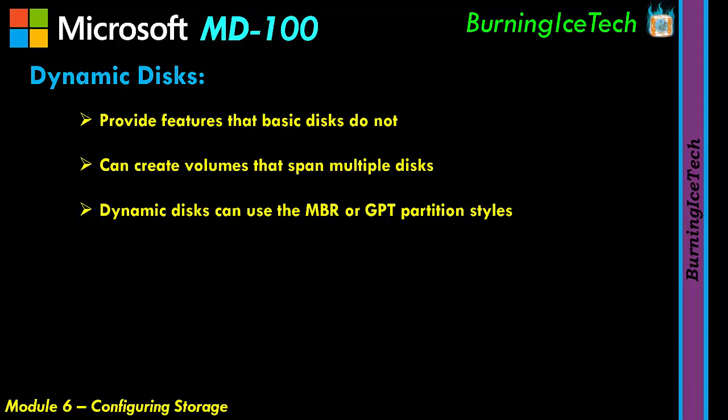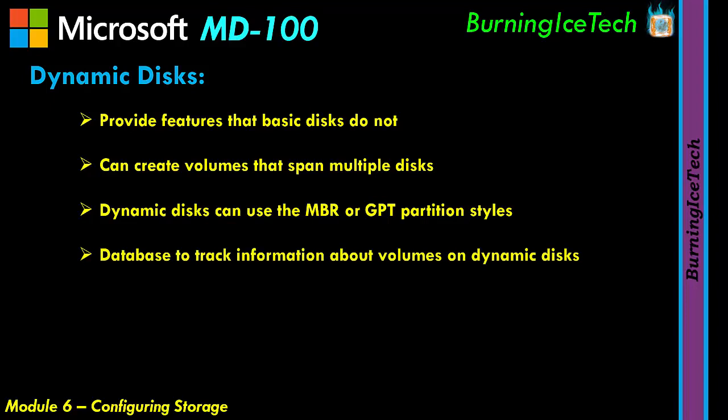And dynamic disks use a database to track information about volumes on dynamic disks in the computer. Each dynamic disk in a computer stores a replica of the dynamic disk database, which is useful if you experience a corrupted dynamic disk database. Windows can repair the corrupted dynamic disk by using the database on another dynamic disk.